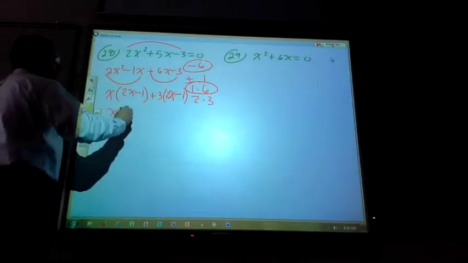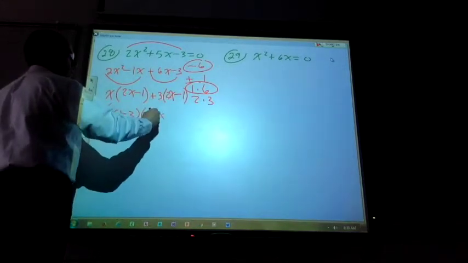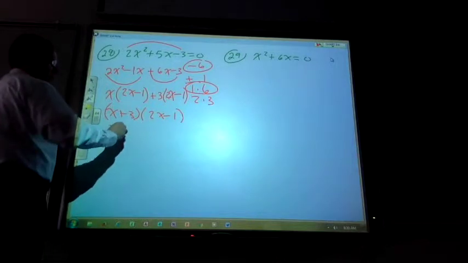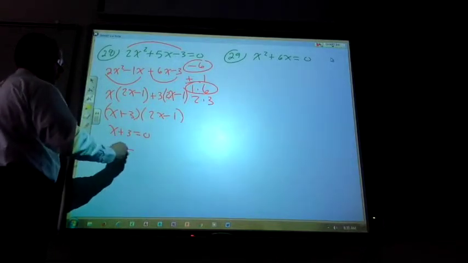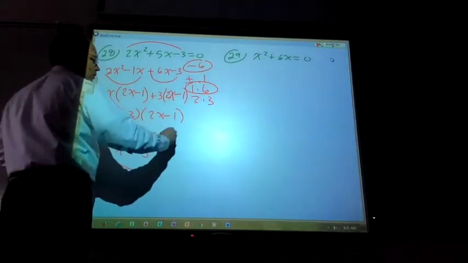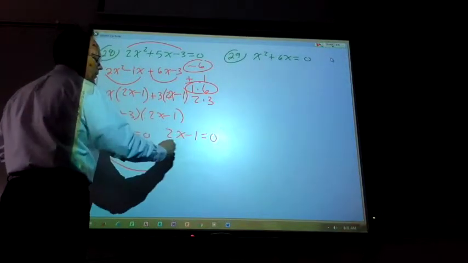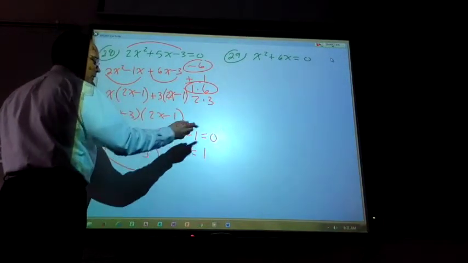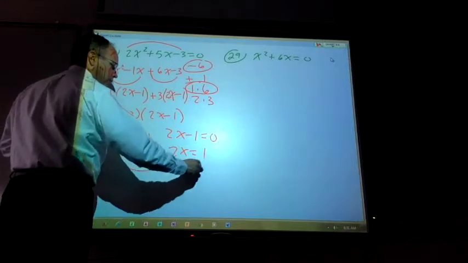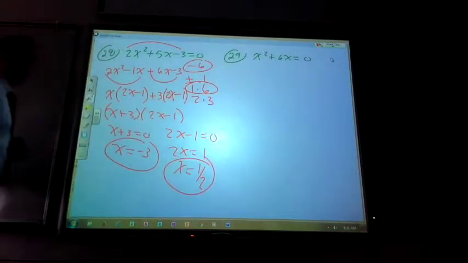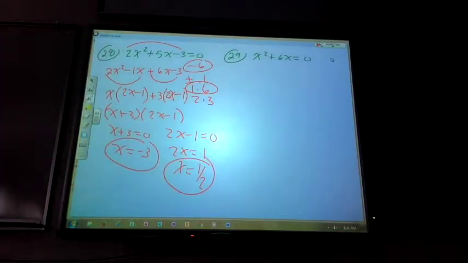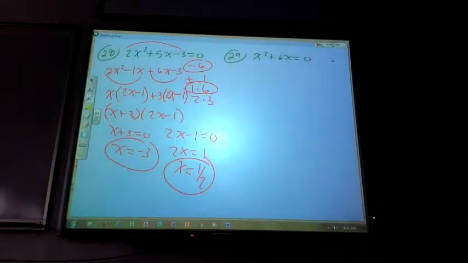So I have x plus 3, and I have 2x minus 1. So x plus 3 equals 0. So subtracting 3, 2x minus 1 equals 0. Add 1 to both sides. X equals half. Is it okay if x is a fraction? Sure. Sure.